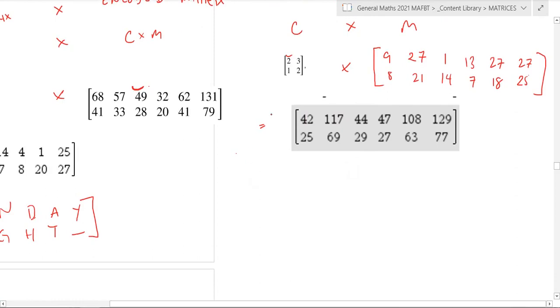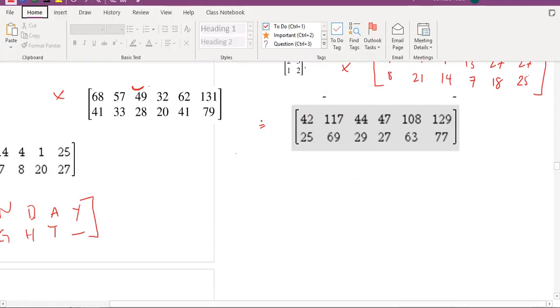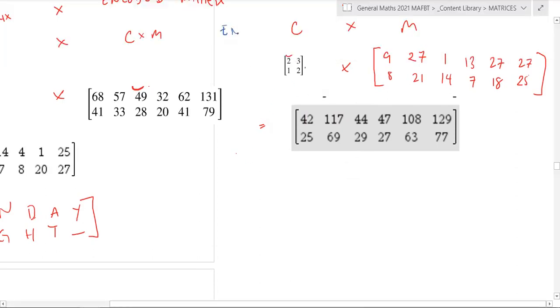So this is how we encode, remember, and this is how we decode.